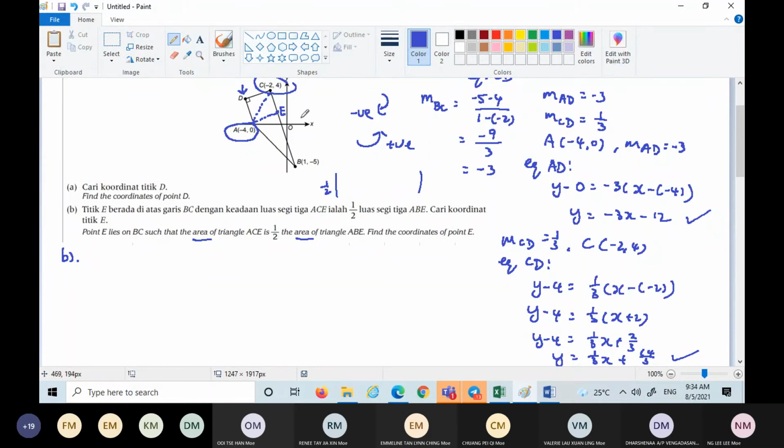Okay, now we start. I try to draw in this way. How do I draw? Is it something like this?